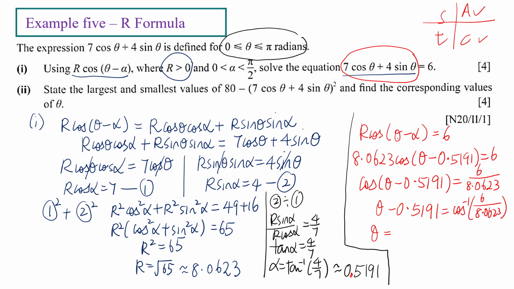And theta will be cosine inverse that value plus 0.5191. And that gives you 1.25. Right, so that's the first part of the answer.